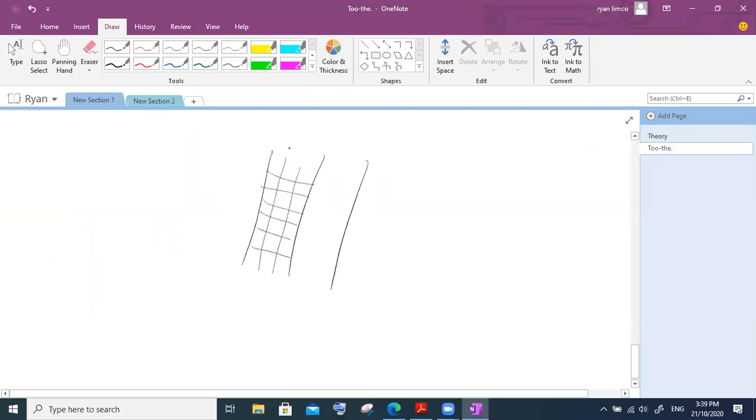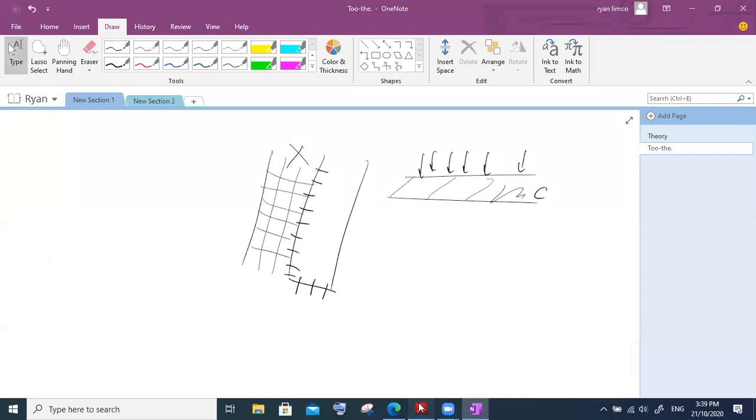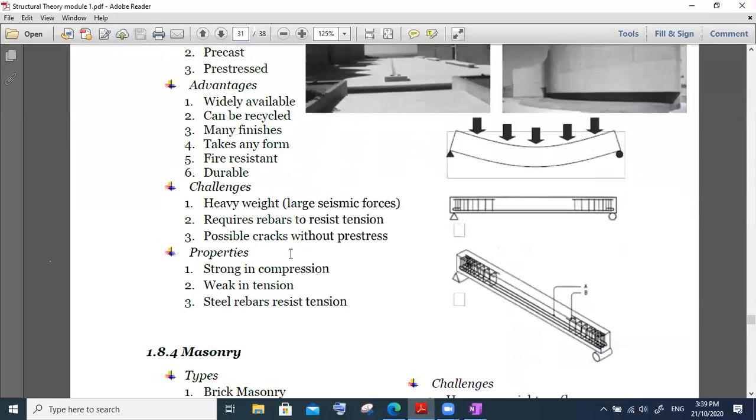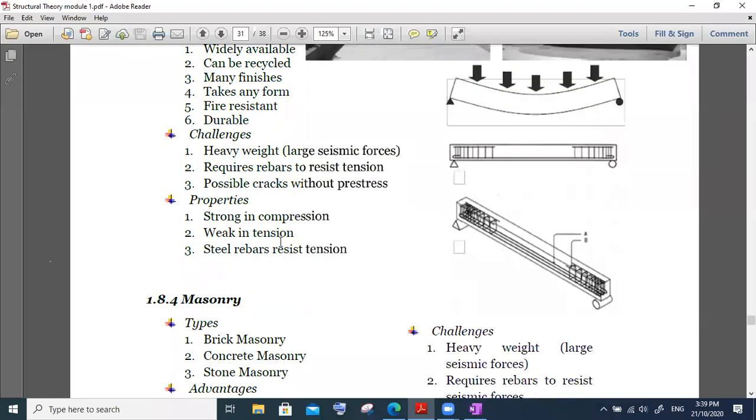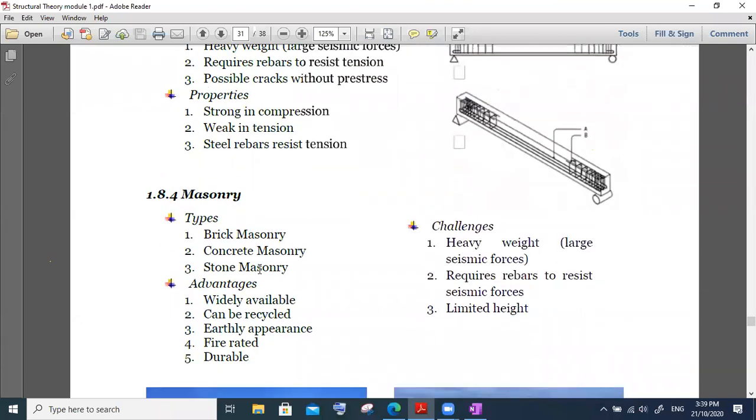Hindi mo to nakikita. Kasi kung titingnan natin, itong kalsada is pure compression. So, strong na siya sa compression. Hindi niya kailangan ng bakal. Yung nakikita nating bakal dito, nilalagay lang yan siya as construction joints. Pati doon, pag nagputol ng buhos, you have the construction joints. So properties, strong in compression, weak in tension, steel rebars resist tension, of course.